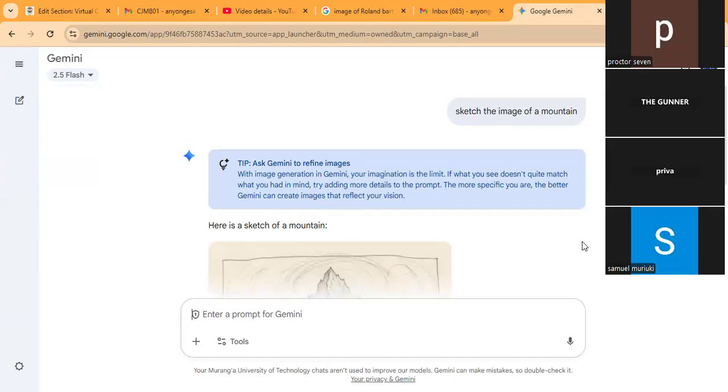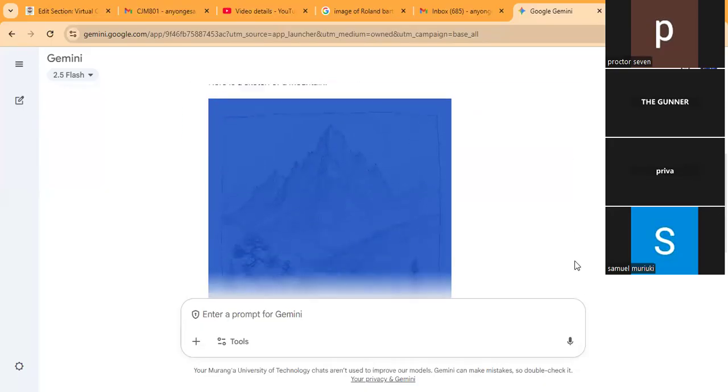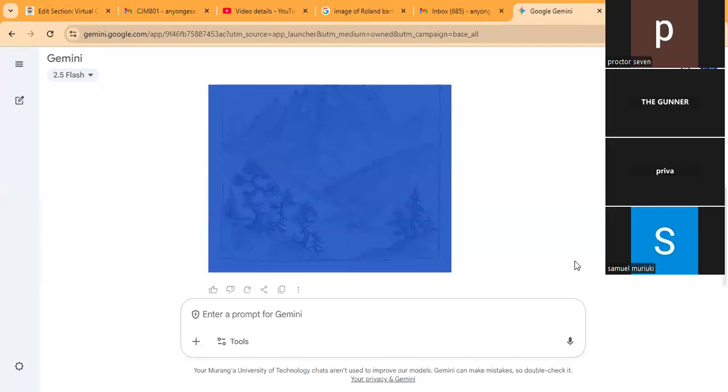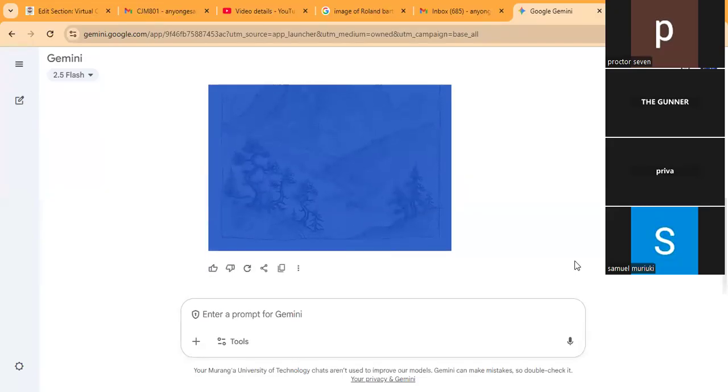So Gemini, it works. It draws. One thing I like about it, it draws very well. And once you are here, you can use these particular buttons here.